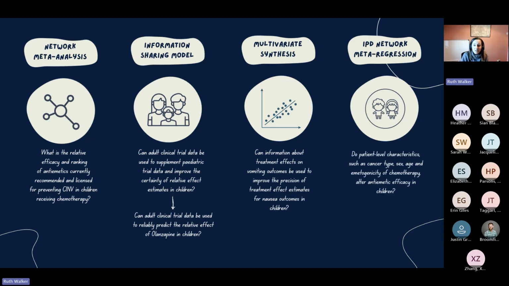And then remembering back to that clinical heterogeneity in the child population, I've applied an IPD network meta-regression to essentially assess whether individual characteristics are altering the treatment effect.